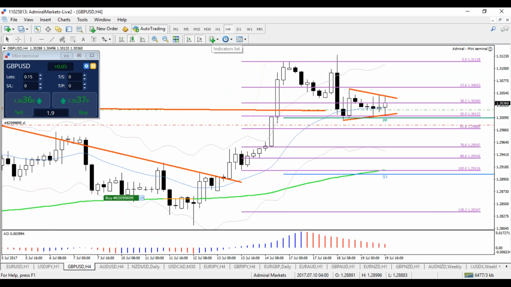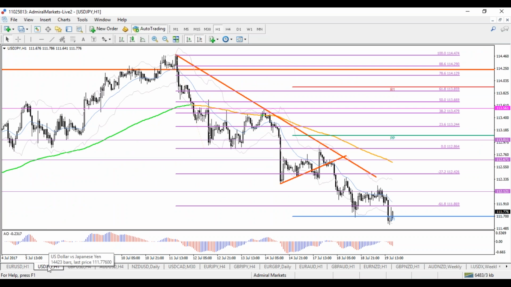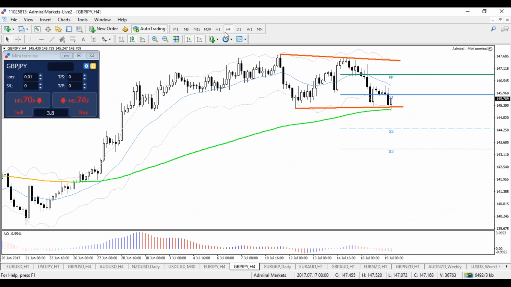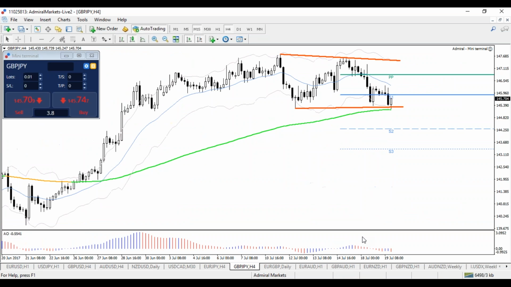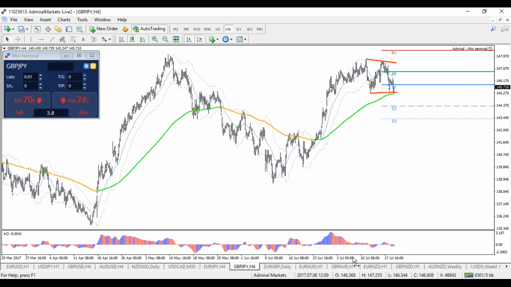Dollar yen is bearish, but so far not very impulsively, and is bouncing up at the moment. So might be tradable to the upside here. I'm not a big fan of it still, because it's rough.